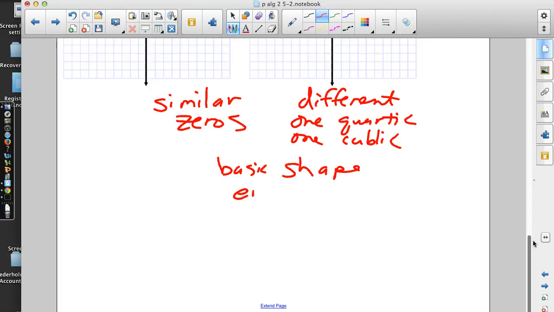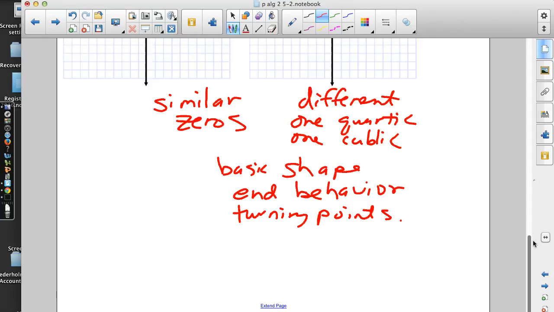The end behavior is different. Do they have the same turning points? The turning points are different. So there's a lot of things about them that were different. What they had in common were those zeros. And I am going to stop there because that's the place we got to in first hour.